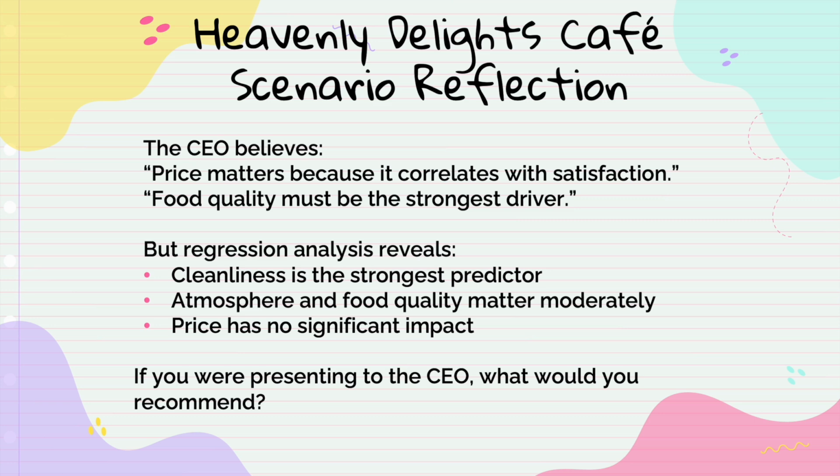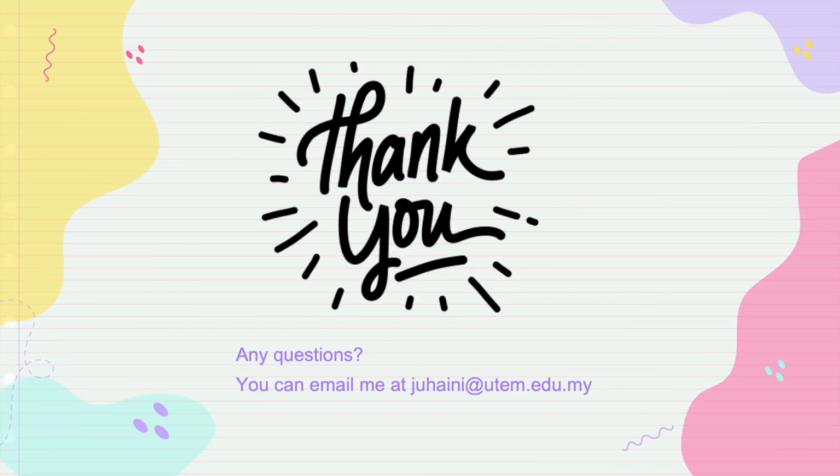This is why regression is more powerful than correlation. If you were representing the CEO, what would you recommend? Regression identifies what truly drives behavior and helps managers allocate resources where they have the biggest impact.